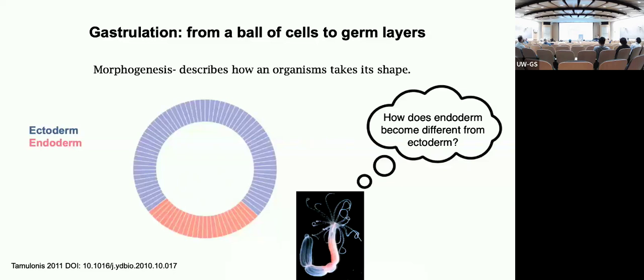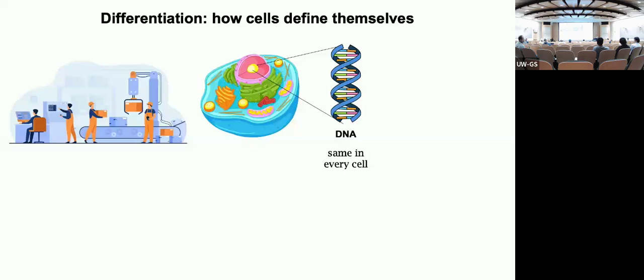But as you can see here, the endoderm is already highlighted as a special, unique part of the embryo that's different from the ectoderm, or the outside. The process of the endoderm becoming different from the ectoderm is what is known as differentiation. I'm sure many of you have degrees, but I will explain this in more simple terms, how this difference unfolds.